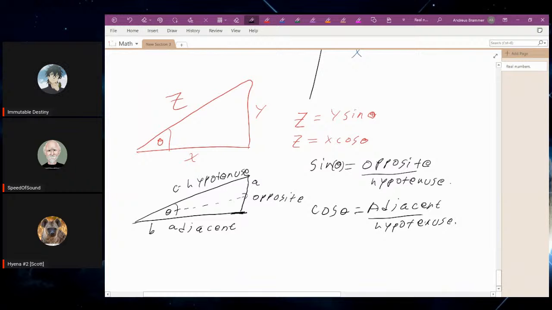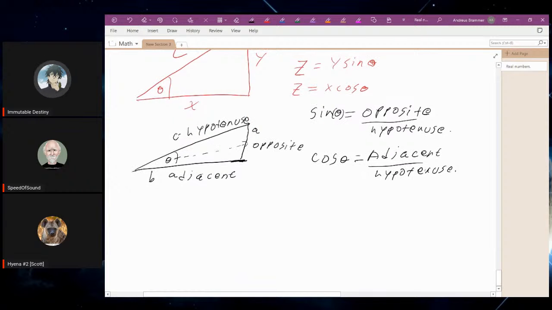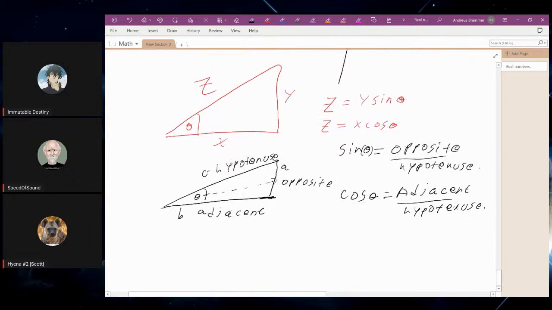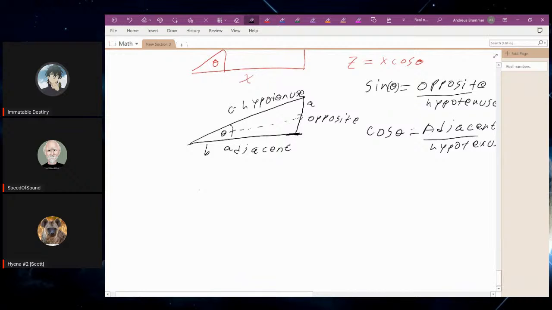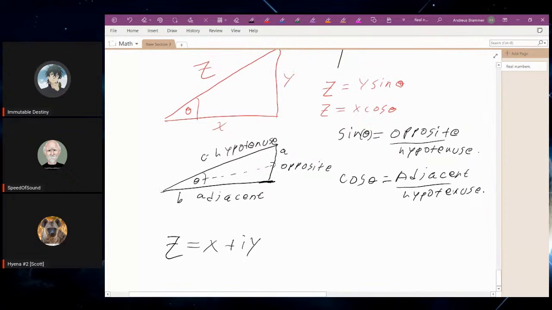Now, these are tremendously useful and very widely encountered in quantum mechanics. There's a reason we've chosen to introduce this. Remember that our z value, as we defined it originally, so z being some complex number, takes the form x plus iy. Well, remember, this actually means something rather interesting.